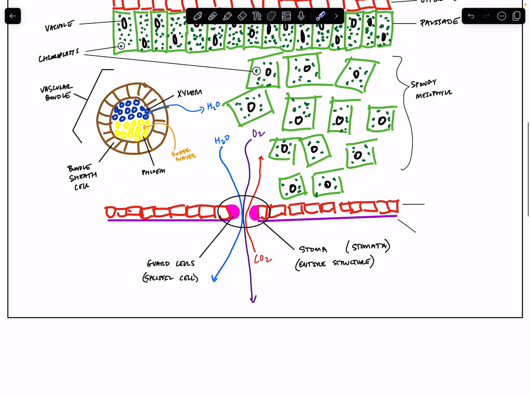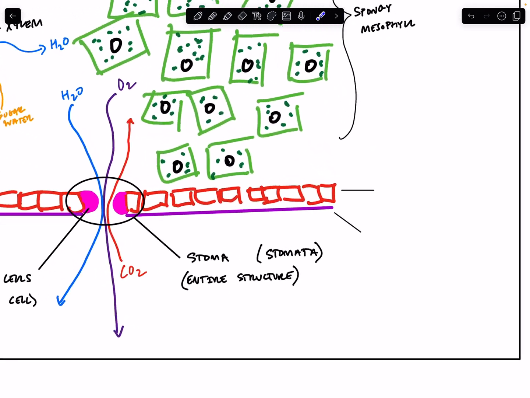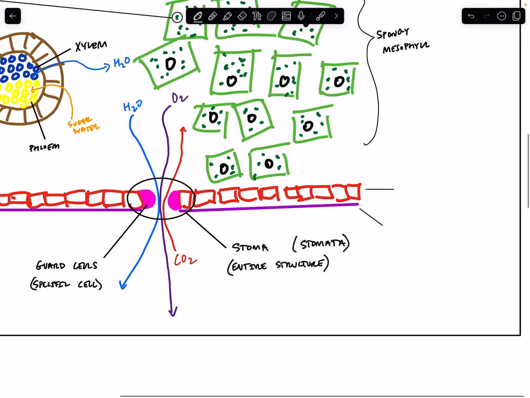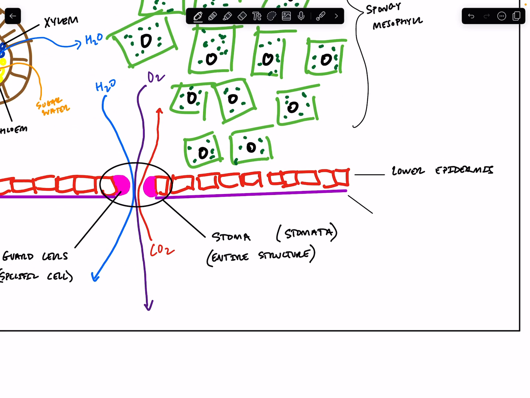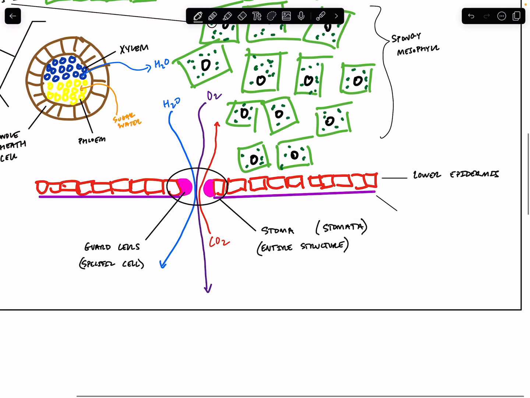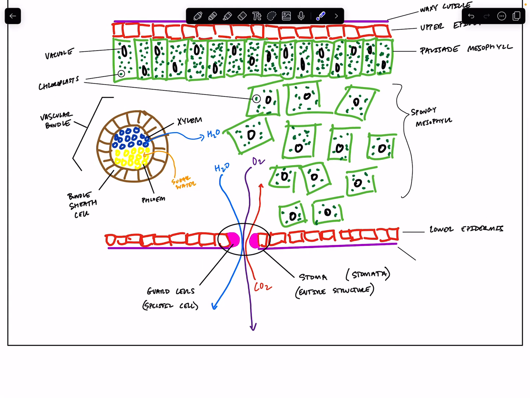Okay, so the last little piece of the cross section is the very bottom of the leaf. We have a lower epidermis. And this lower epidermis is just like the upper epidermis. It also creates or secretes a waxy cuticle.